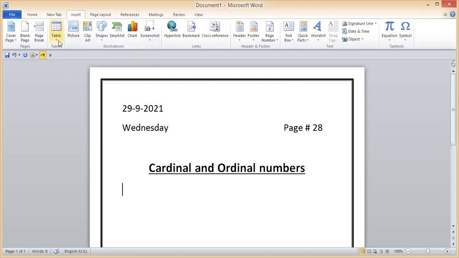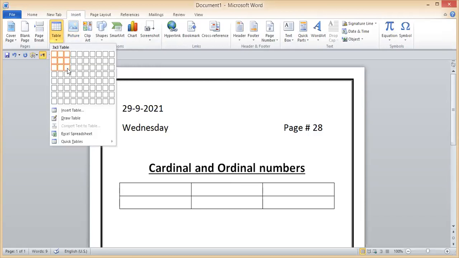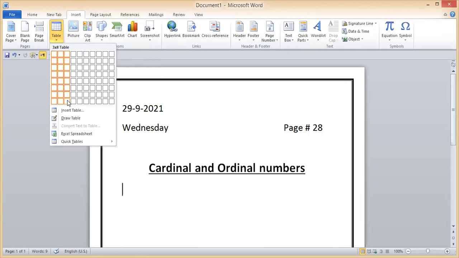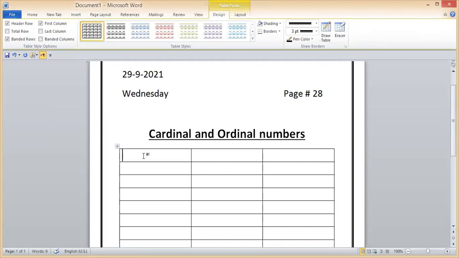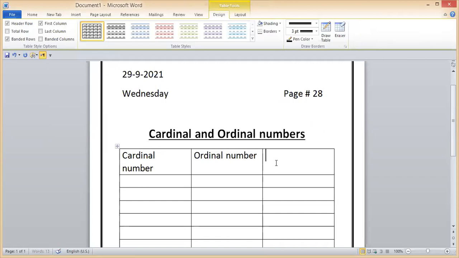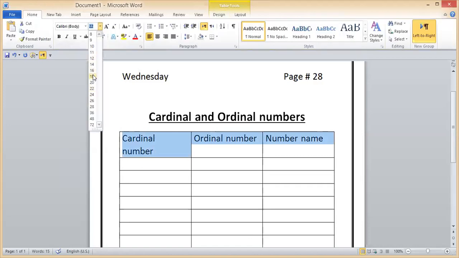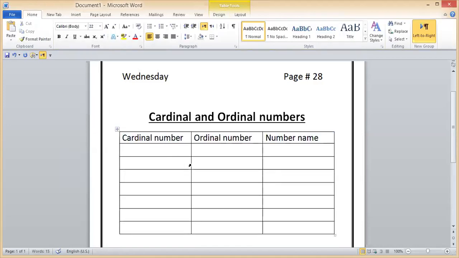So this is cardinal number, ordinal number, and here I will write number name. Cardinal number, ordinal number, and number name.